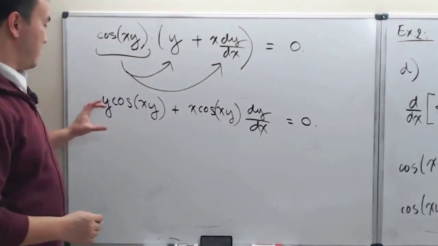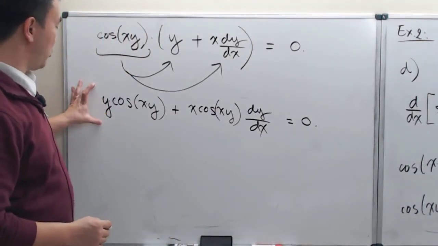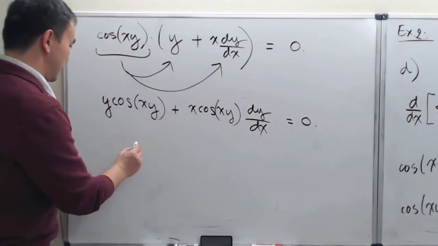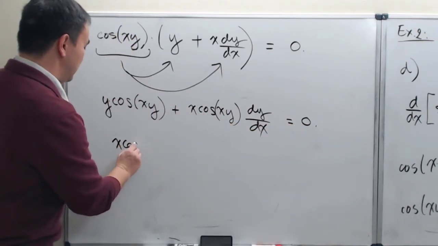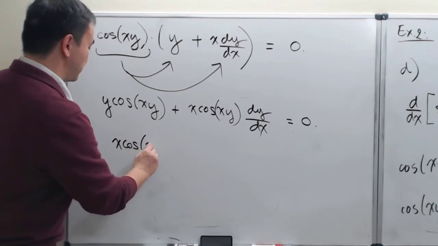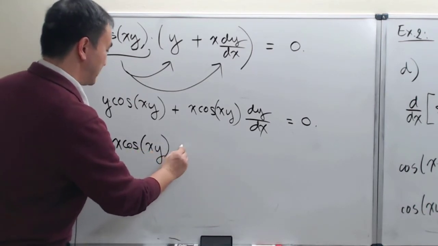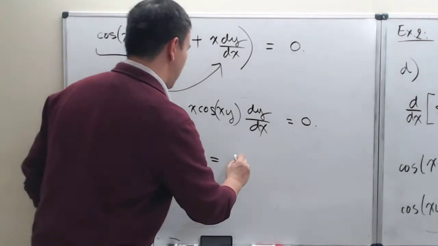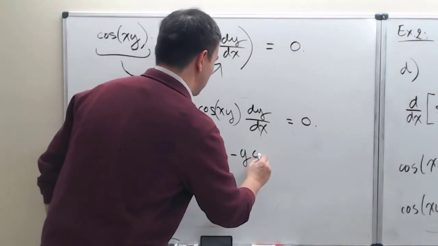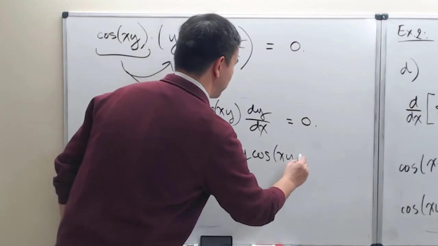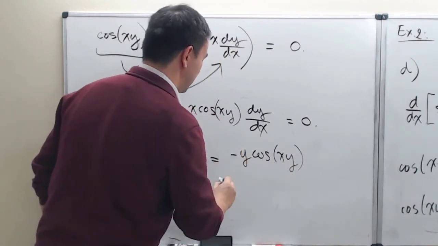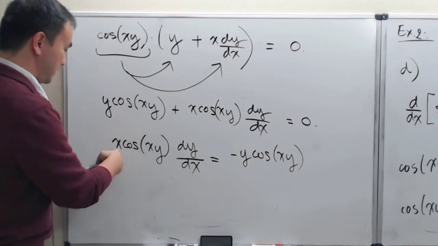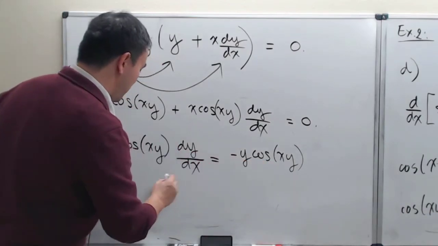And so now I am going to subtract this y to the other side. So I'm looking at x times cosine of xy times dy/dx equals minus y cosine of xy. Now we can divide both sides by x times cosine of xy.